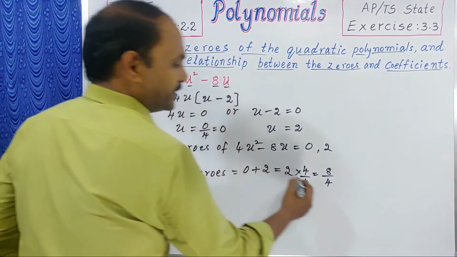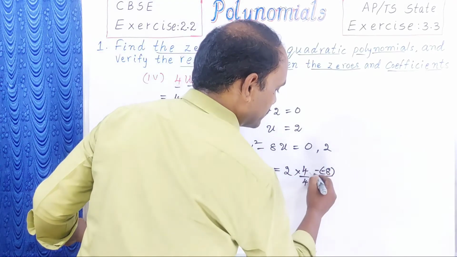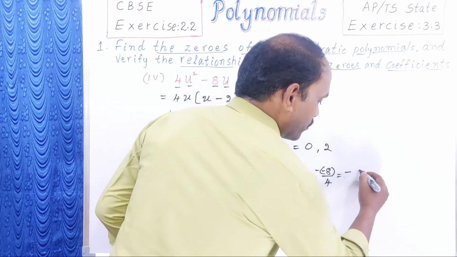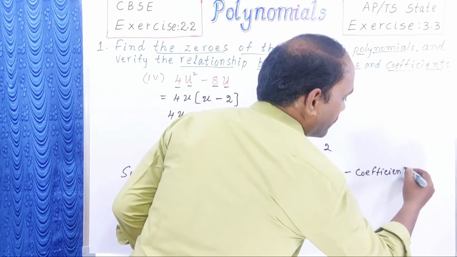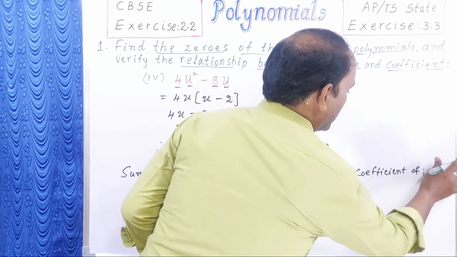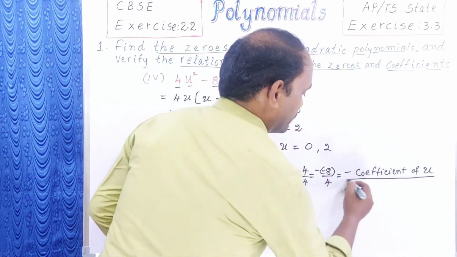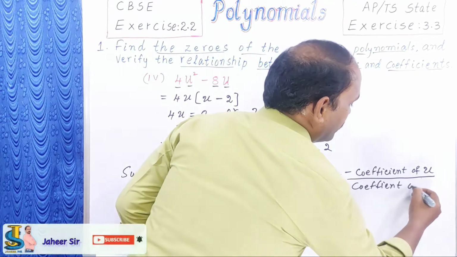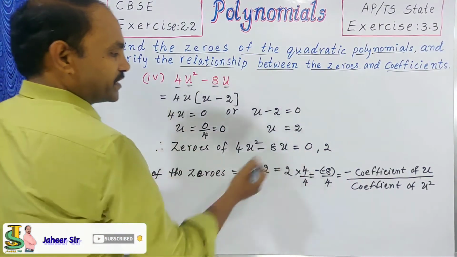But here minus 8 is there, that's why minus of minus 8. Like this you can take. Now minus coefficient of u. Here given u, that's why write u, by coefficient of u square. 4 means coefficient of u square.